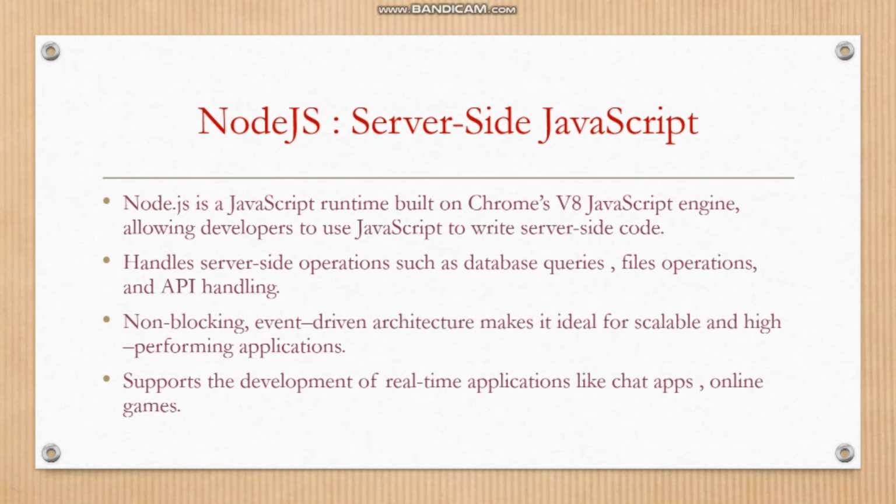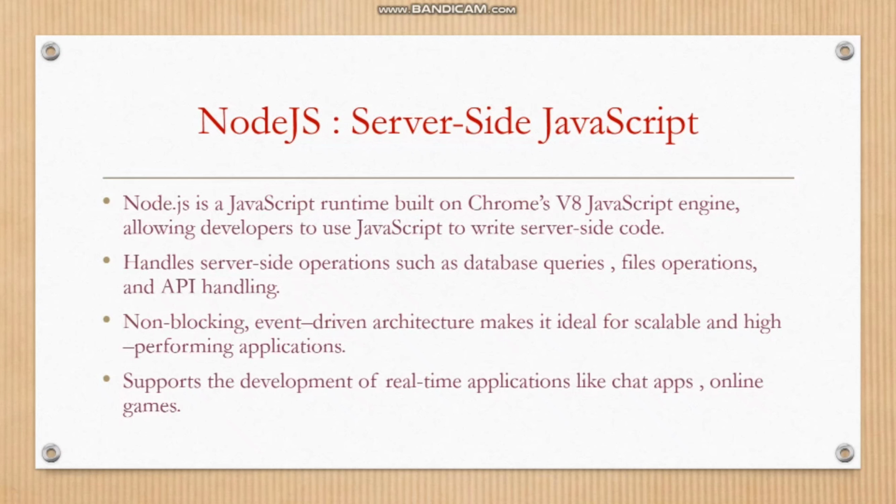Now let's move on to Node.js. What is Node.js? Node.js is a JavaScript runtime built on Chrome's V8 JavaScript engine, and it is used in our backend to fetch and collect data. It handles server-side operations such as database queries, file operations and API handling, right?